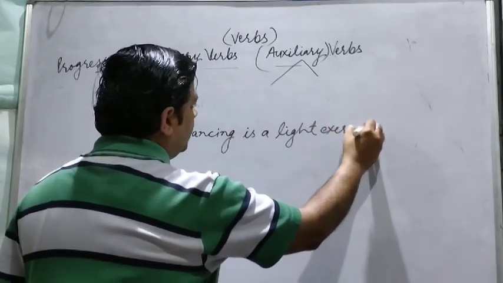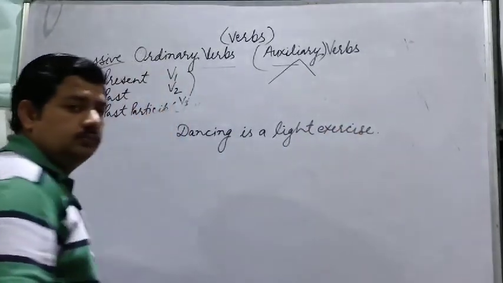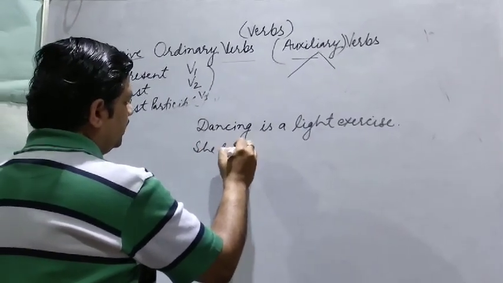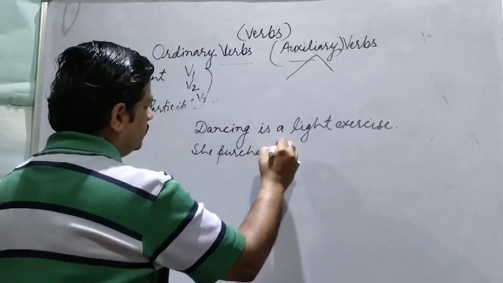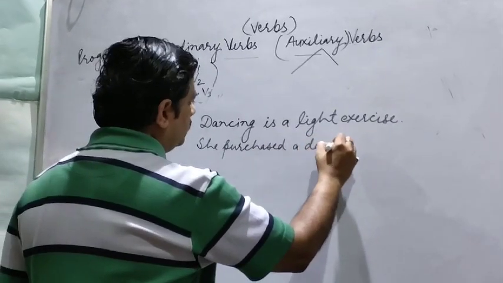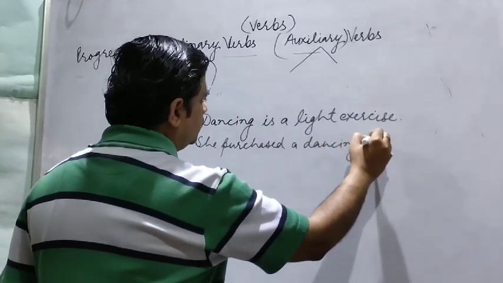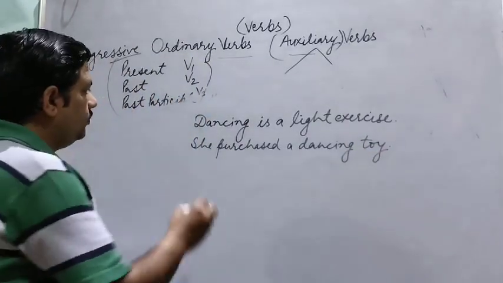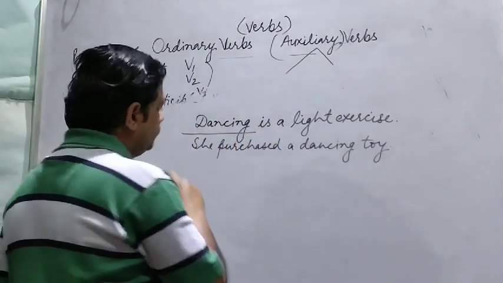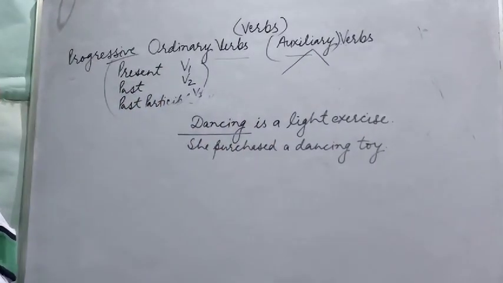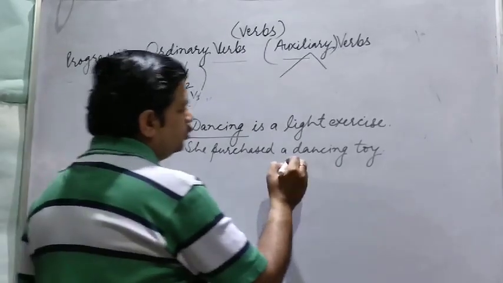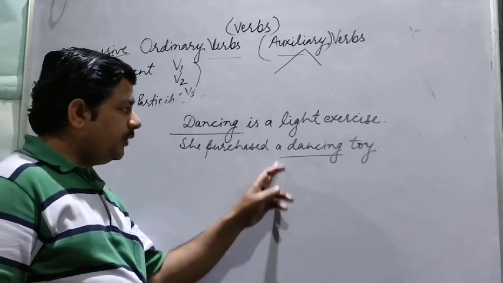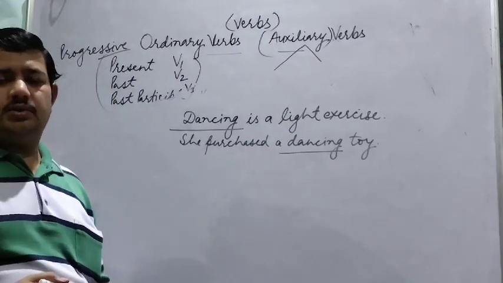Dancing is a light exercise. Next sentence: She purchased a dancing toy. In the first sentence we have the word dancing, and in the second sentence also. Now we have to find out which one is gerund and which one is present participle.